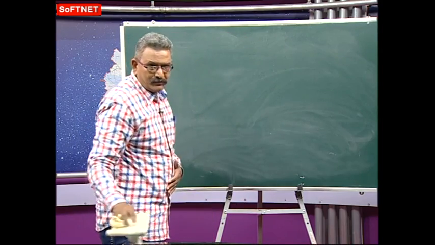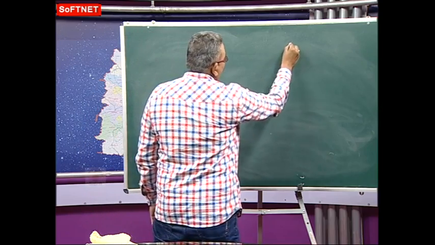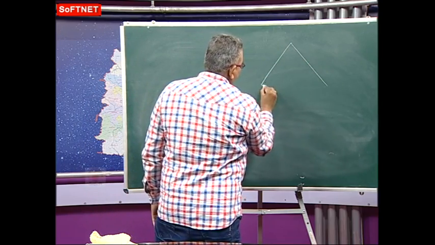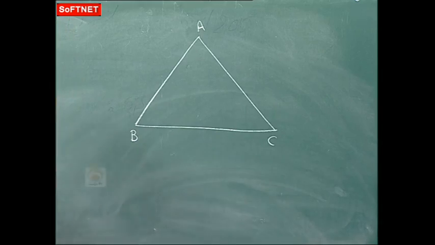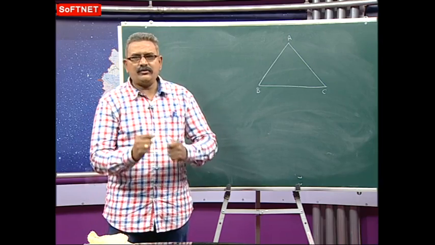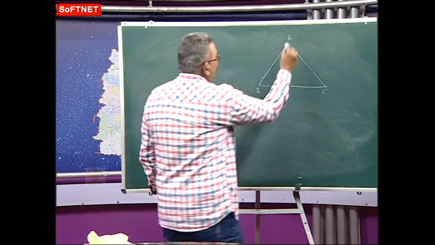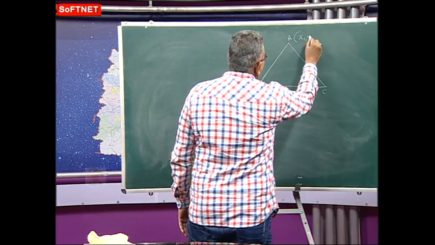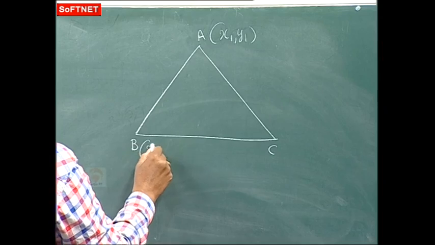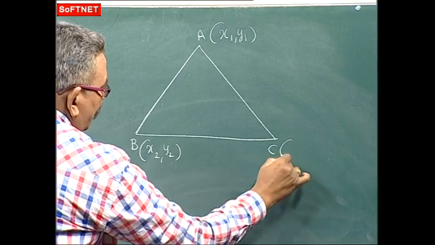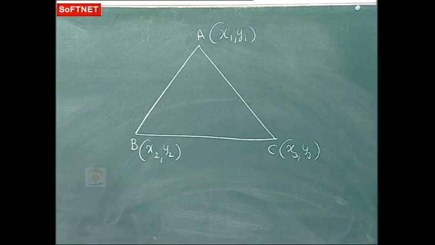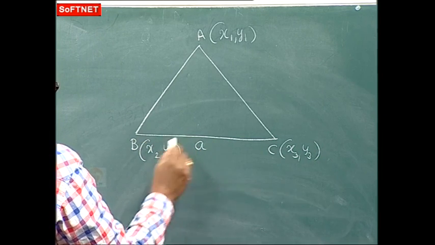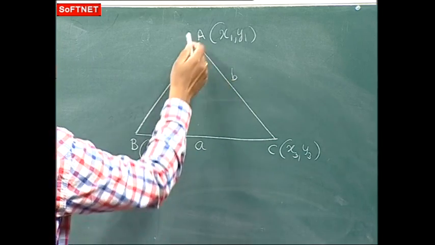Now, three vertices are given, say A x1 comma y1, B x2 comma y2, C x3 comma y3. How to find its in-center, that means the coordinates of the in-center? Suppose BC is a, AC is b, AB is c.